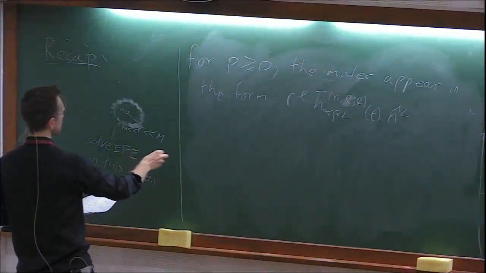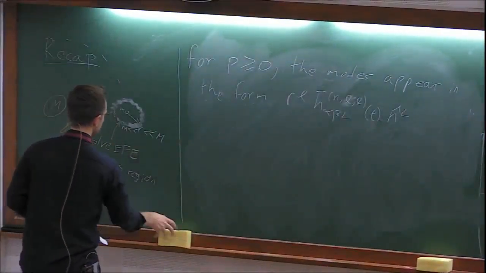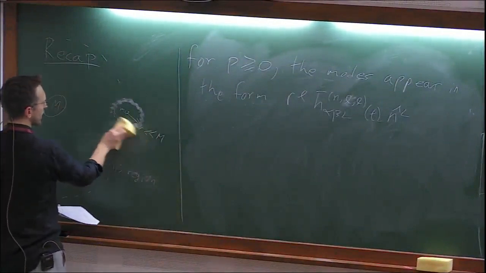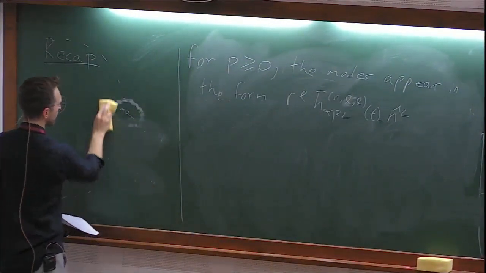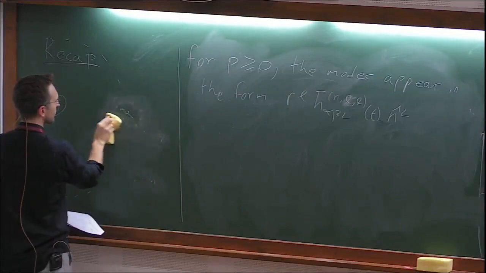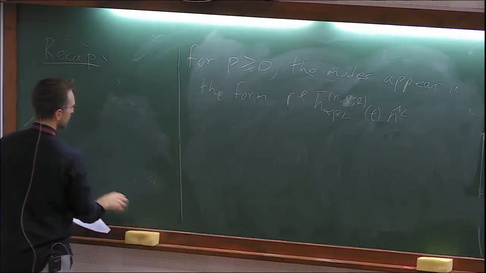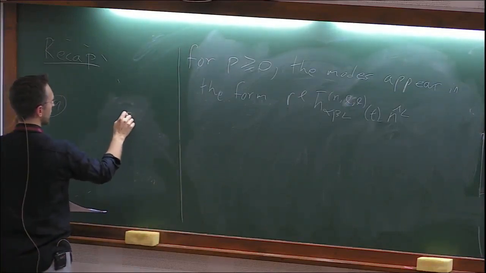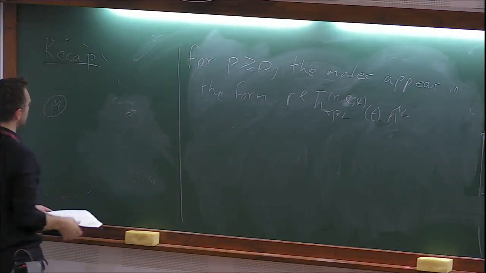So let's consider this picture in the Newtonian case again. Let's say we've got a small matter distribution, and we're considering Newtonian gravity.